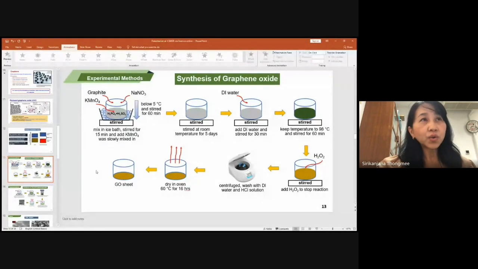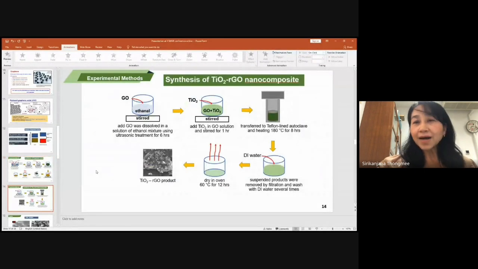Finally, we get the GO sheet, where GO means graphene oxide. We also synthesize titanium dioxide decorated with RGO. We start from GO and then put it in ethanol.